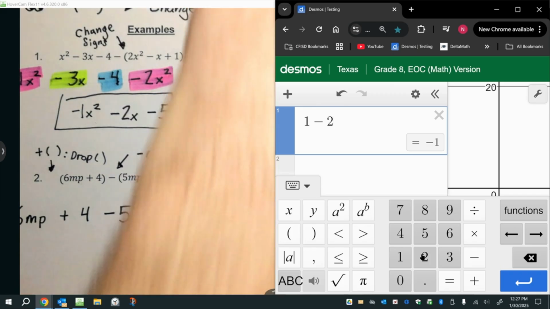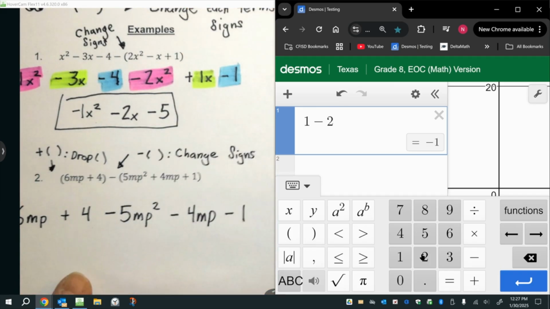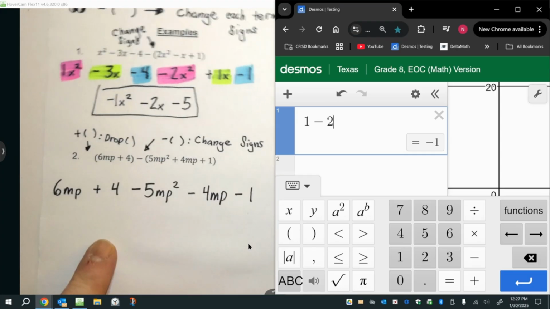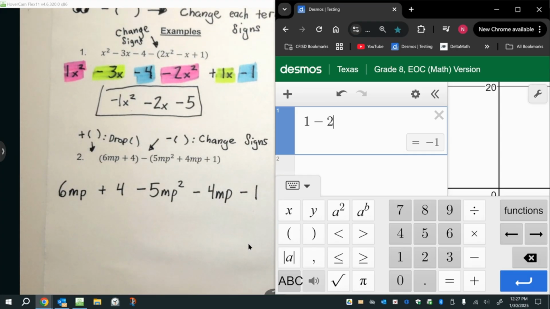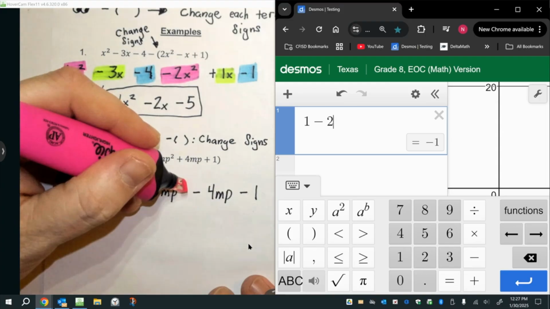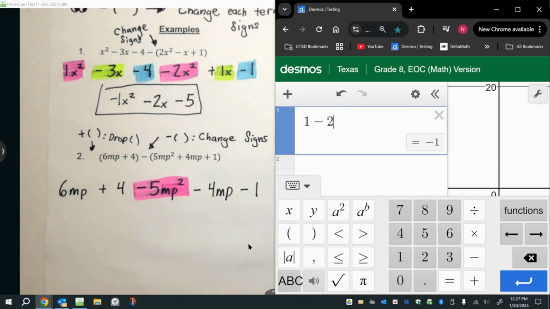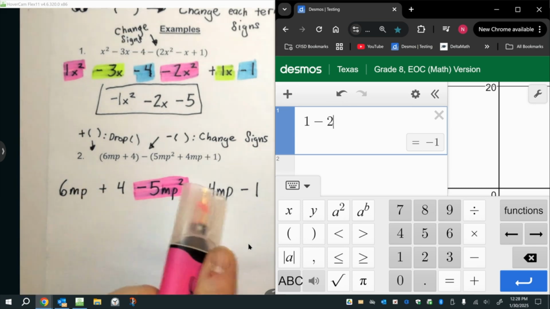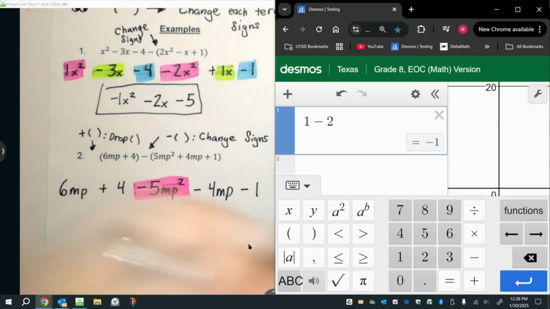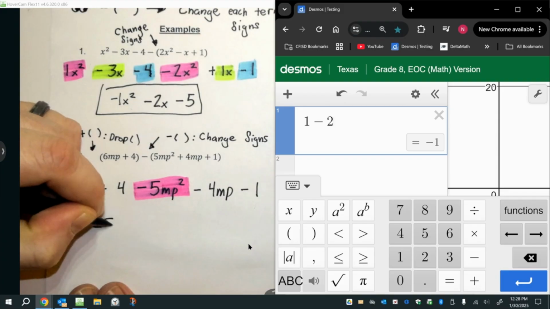So now we add things together, combine our terms together. The first thing that I'm actually going to start with is this guy, if I were to write this in the correct order. He's not like terms with anything else, so I'm just going to rewrite him and put him first.